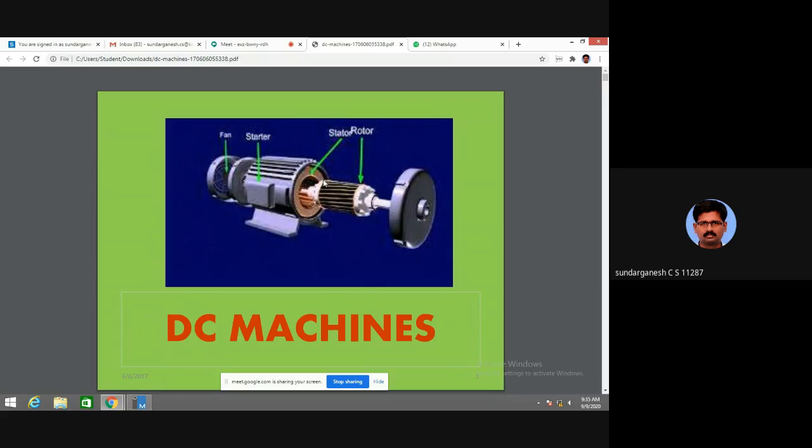One is stator, another one is rotor. Rotor means rotatory motion. The component which rotates is called rotor. The component which is stationary is called stator. Okay. So this is the basic concept, we will see it in depth.